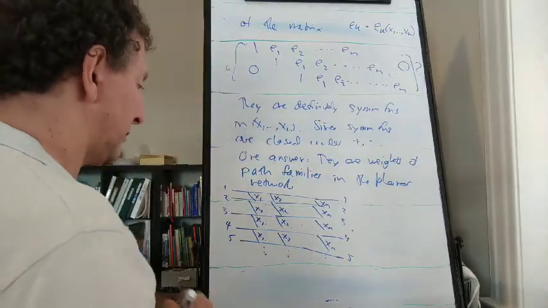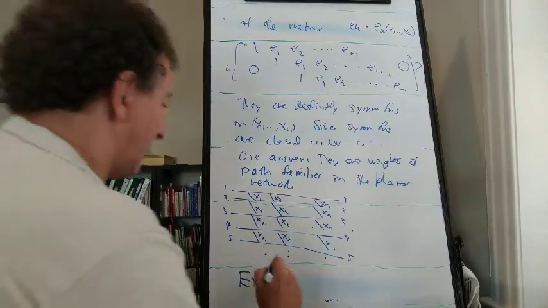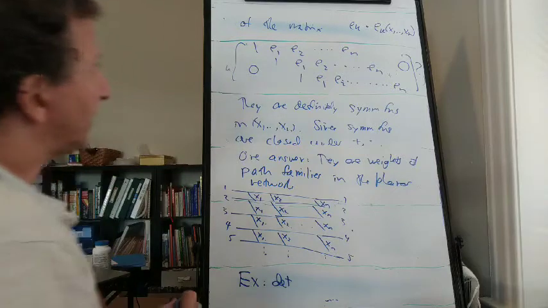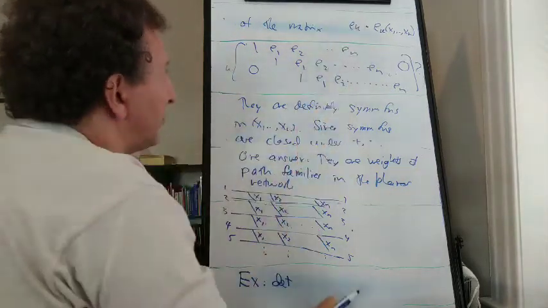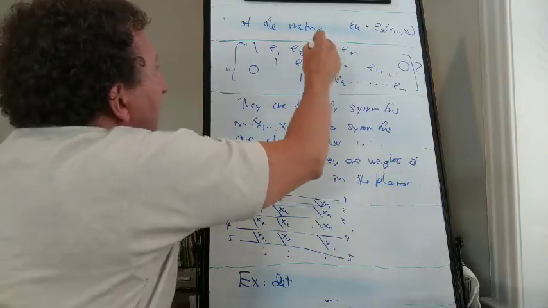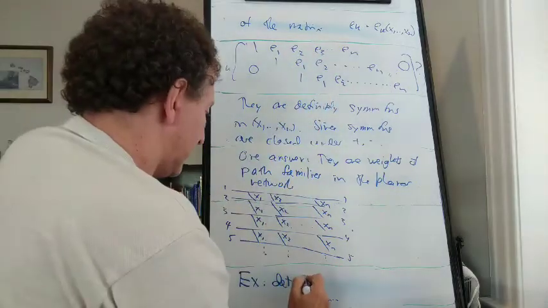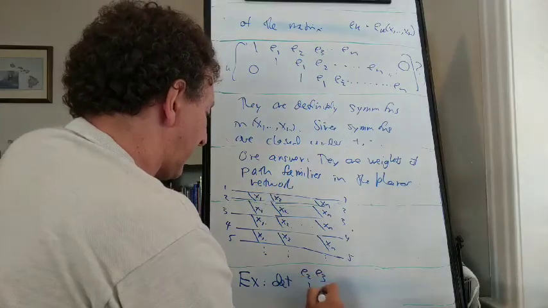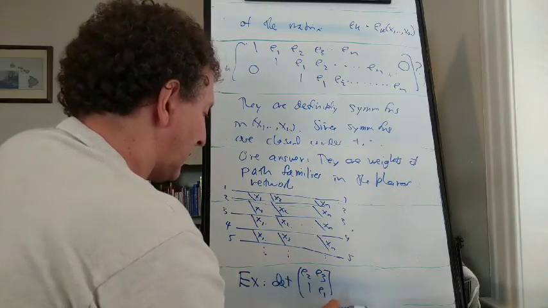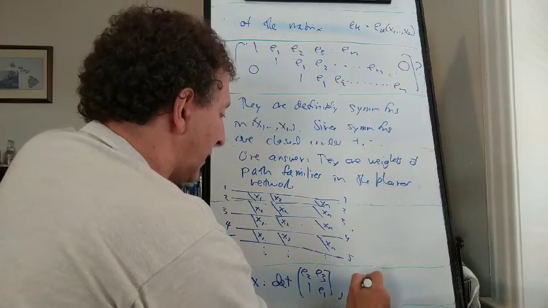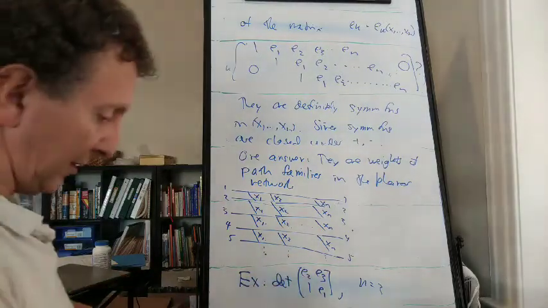Let's look at an example. So if we take a 2 by 2 matrix, I'm going to pick the smallest one that I think is not trivial. I'm going to look at the 2 by 2 matrix E2, E3, and then 1, E1. Now let's say n equals 3, so there's 3 variables. It's the smallest number of variables for all of these. Makes sense.